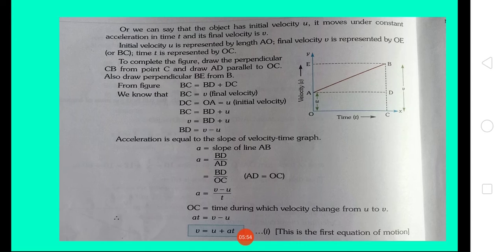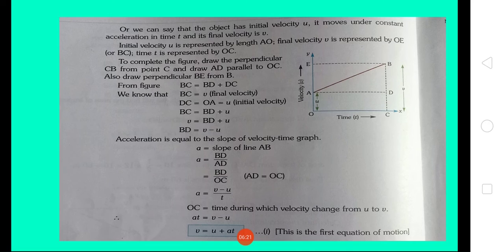Now here in this figure, the length BC is equal to BD plus DC. And we know that BC is nothing but the final velocity V, because BC and OE are of the same length. So BC equal to V, which is the final velocity.